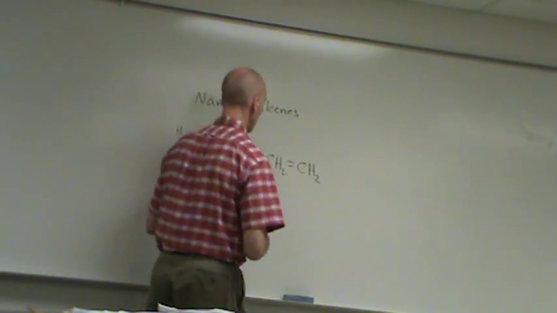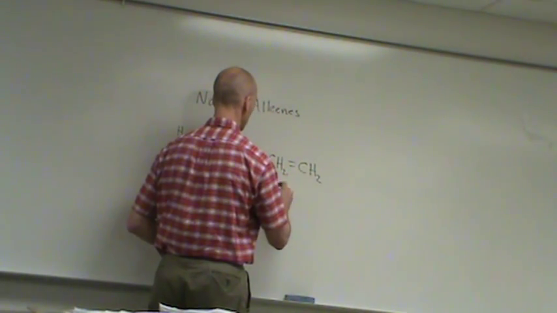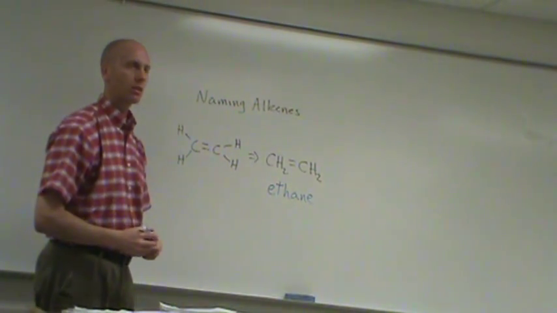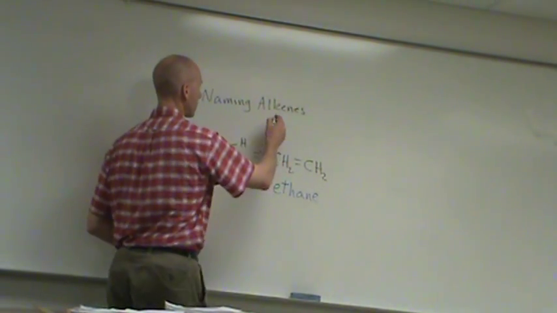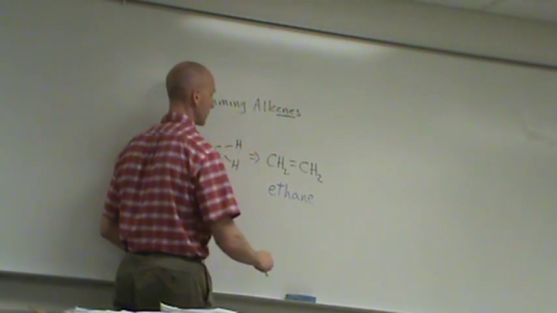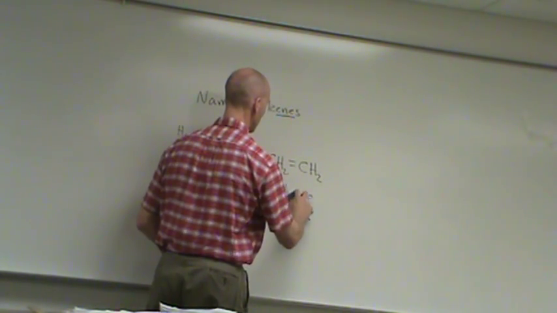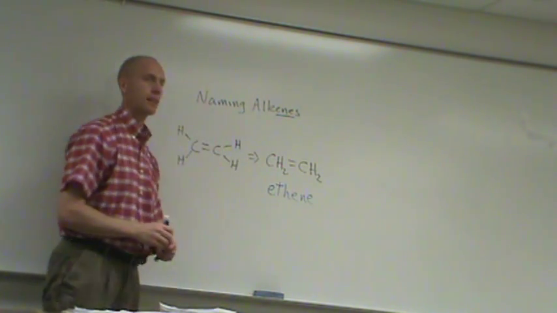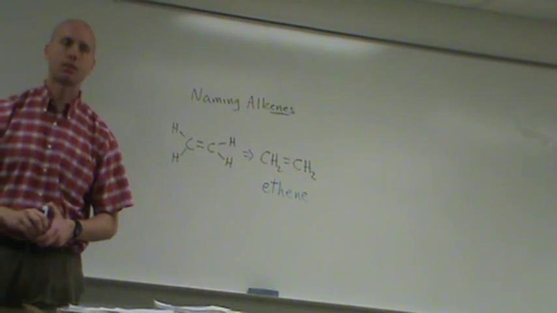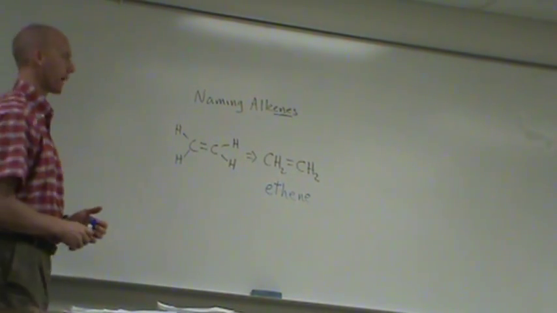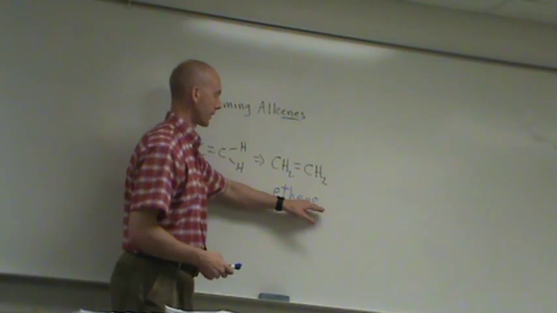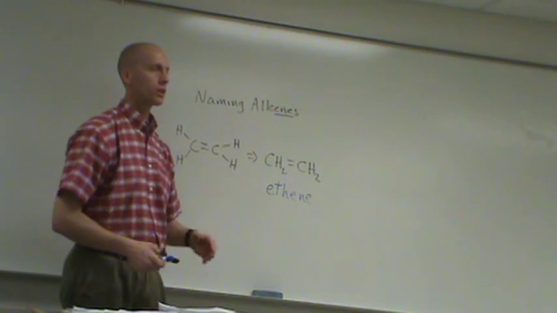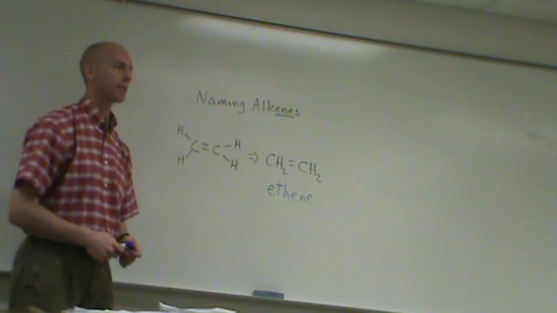So remember, 2 carbons comes from ethane, but the suffix is now different. It's ene. So this becomes ethene. Remember, in organic chemistry, always the suffix, the ending, tells you what kind of molecule you're dealing with.